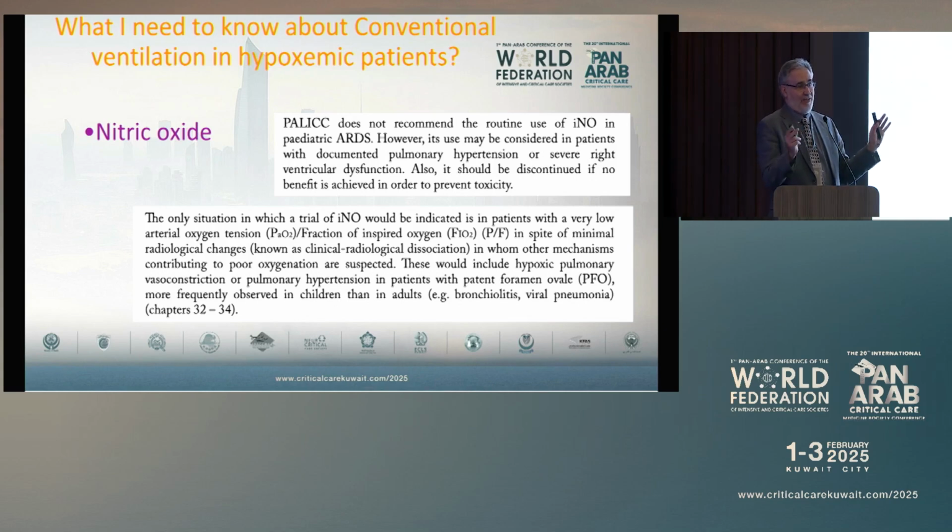So I think we should keep in mind that 20 to 25% of infants have a patent foramen ovale, so we can increase the oxygenation just using this simple drug that goes only to the ventilated areas.